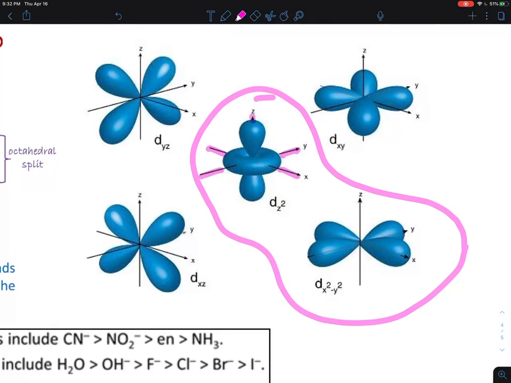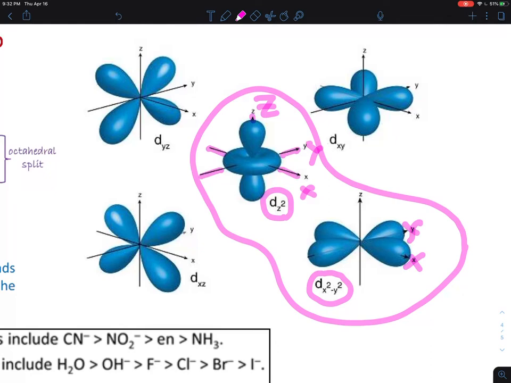You can see the Cartesian coordinates x, y, z here. And this dz square is on the axis, right? The electron cloud is focused on the axis, and this dx square minus y square is on axis as well, right? So these are the ones on the axis.